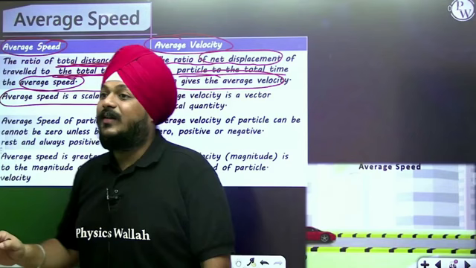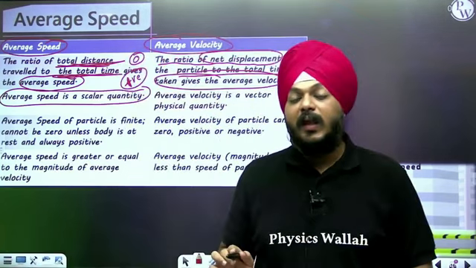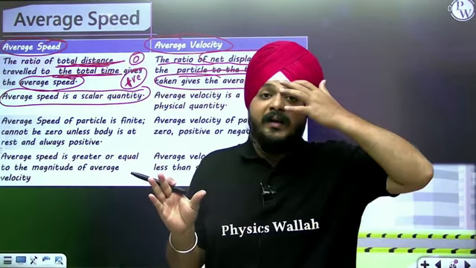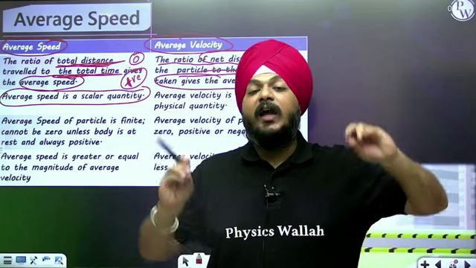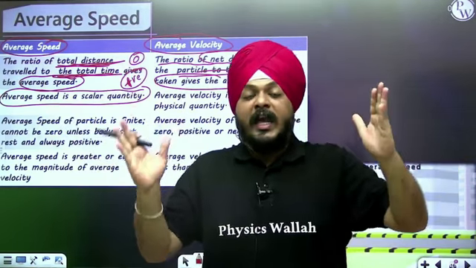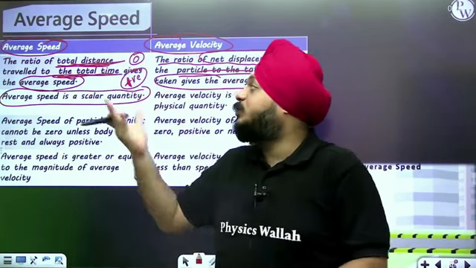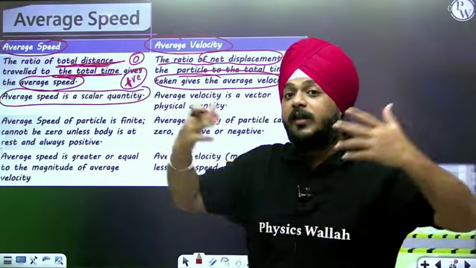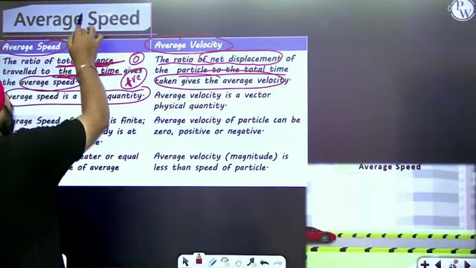Now, what is the difference between speed, velocity, average speed, and average velocity? Speed and velocity are not only defined for the entire path. They can be defined between any 2 instances, while average velocity and average speed are defined for the entire path. That's why the word average is used.